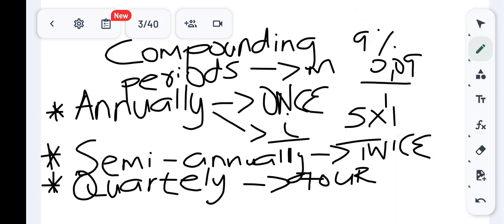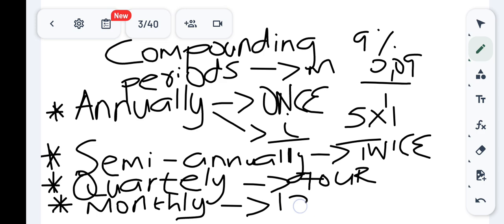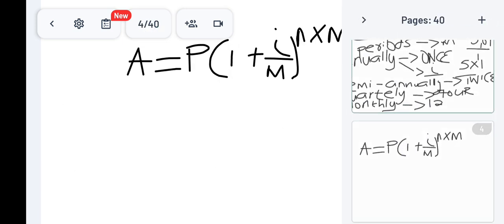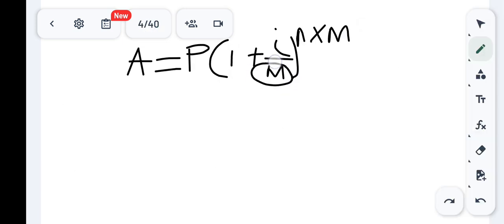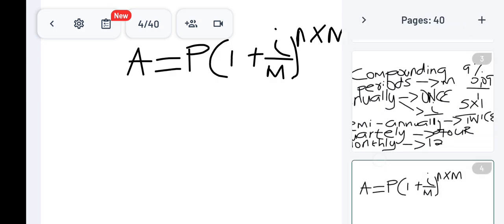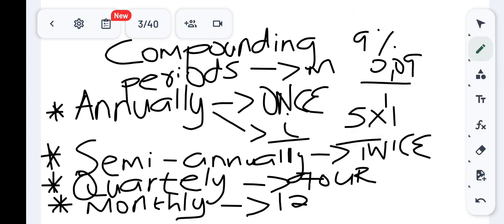And then we've got monthly. We've got 12 months in 1 year, so you will divide the interest rate by 12, then multiply the number of years by 12, if they are saying compounded monthly.